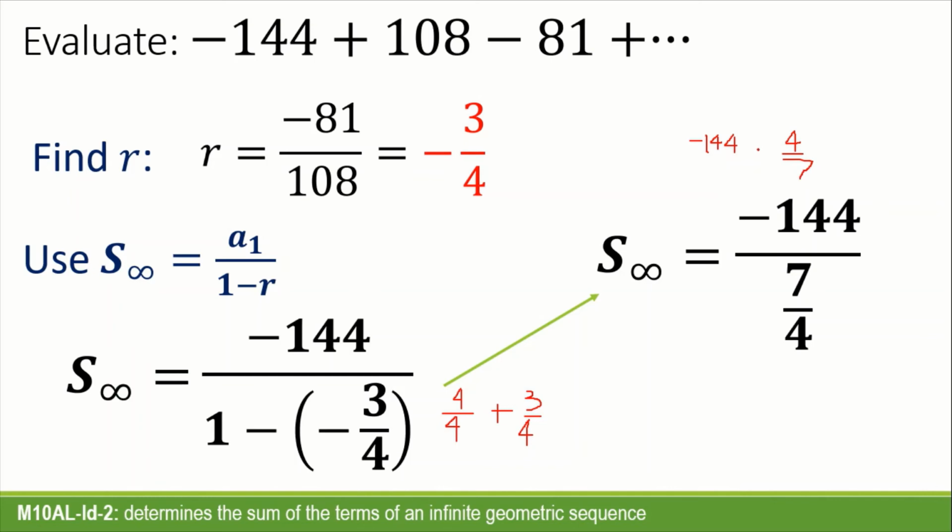Now, check if there is anything that can be canceled. In this case, 144 and 7 cannot be canceled. So, we multiply the numerators, then copy the denominator. So, the sum to infinity is negative 144 times 4, and that is negative 576 over 7. So, negative 576 over 7.